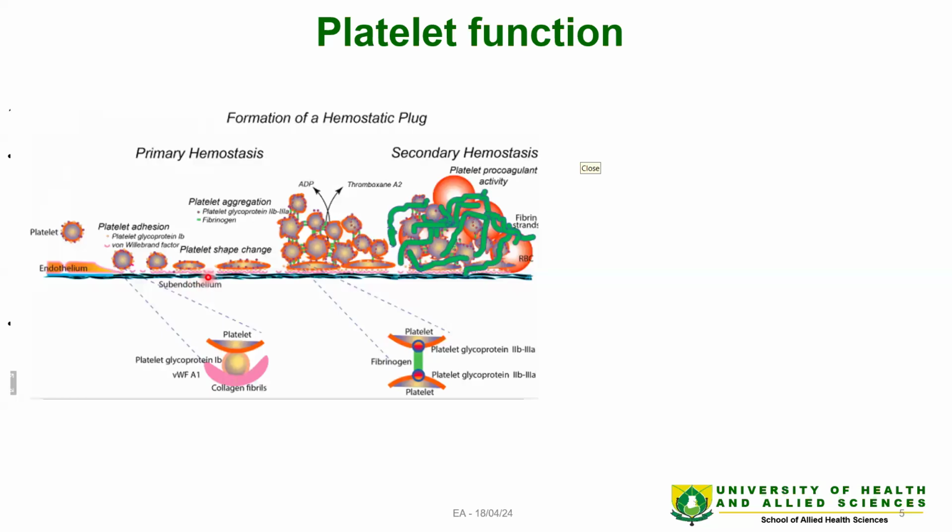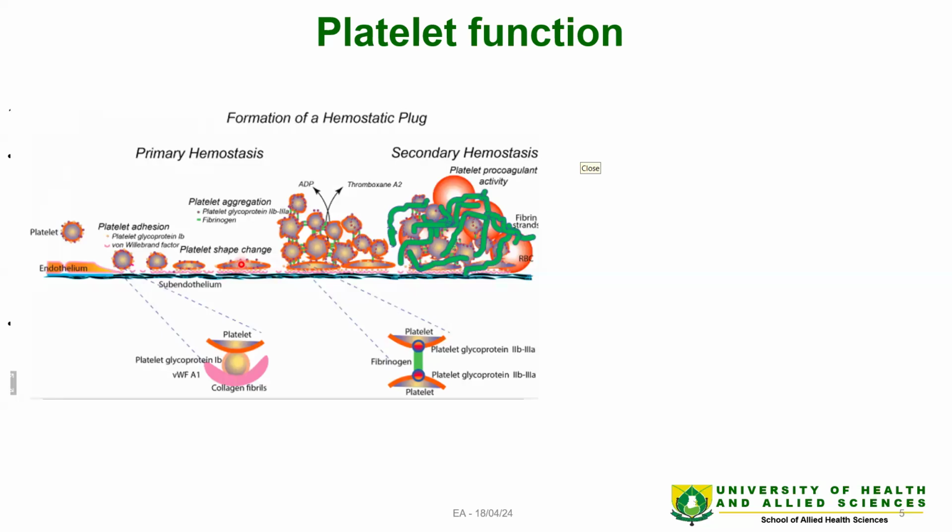Once this is done, the platelets change their shape. Looking at this picture, they become more flat, and becoming flat helps them cover a lot of ground, sealing off the place where the vessel is injured, which was causing more blood to be lost.